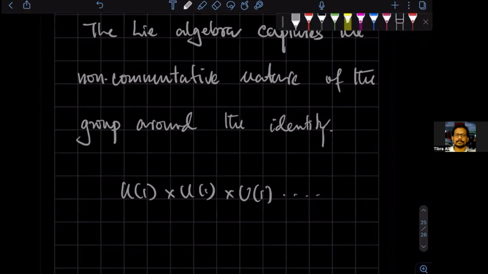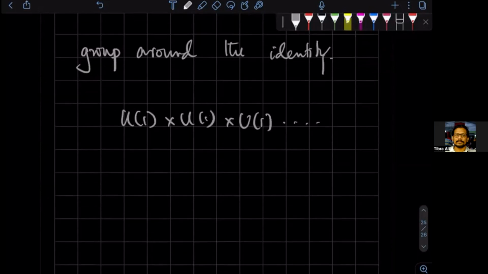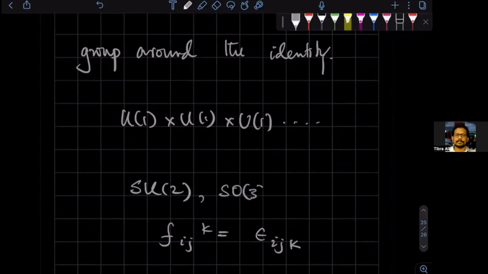The Lie algebra of such a group would be trivial. All the structure constants would be 0. But we saw that for interesting groups like SU2, the structure constants f_ijk can be chosen to be the Levi-Civita symbol. Similarly for SO3.